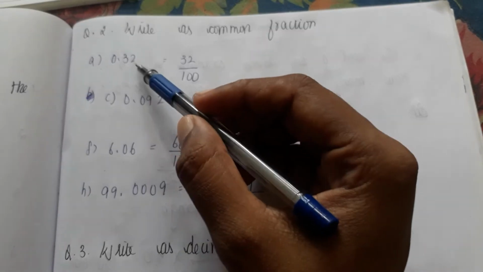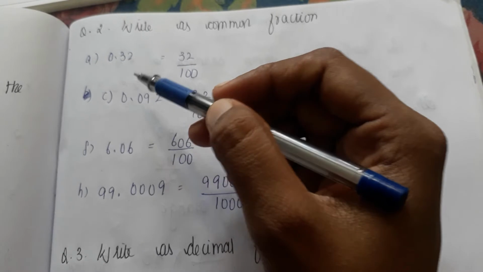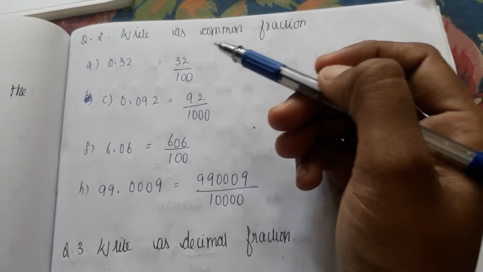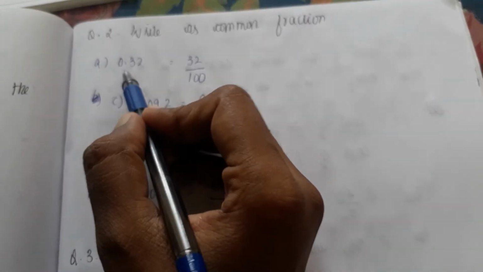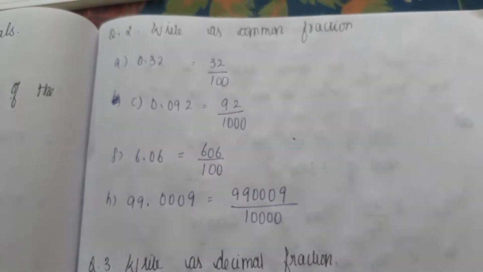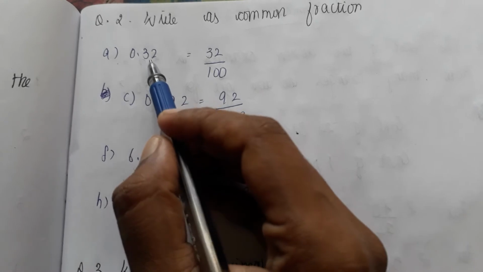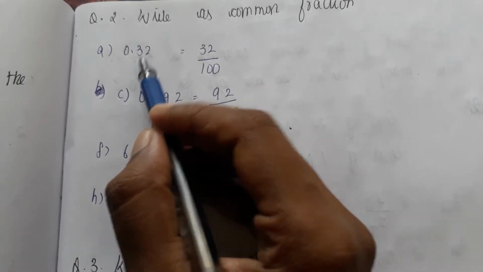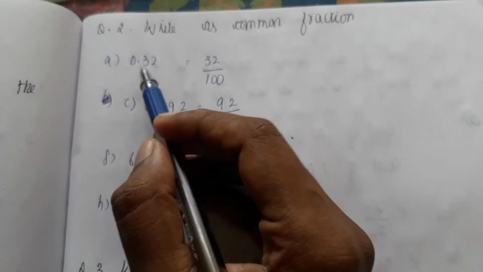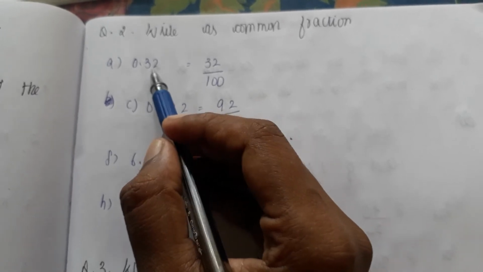When the number is given in decimal and we have to convert it into a common fraction, how will you convert? Here you can see 0.32. 0.32 means, after the decimal point there is 1/10 and 1/100th, right? So two digits are there, two decimal places are there.